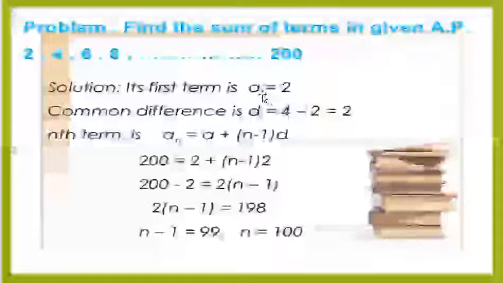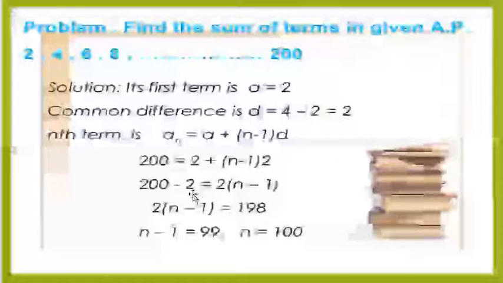So we know the first value and the difference. After that we have to find the nth term, so we write the equation an equal to a plus n minus 1 into d. Substituting values, 200 is equal to 2 plus n minus 1 into 2.